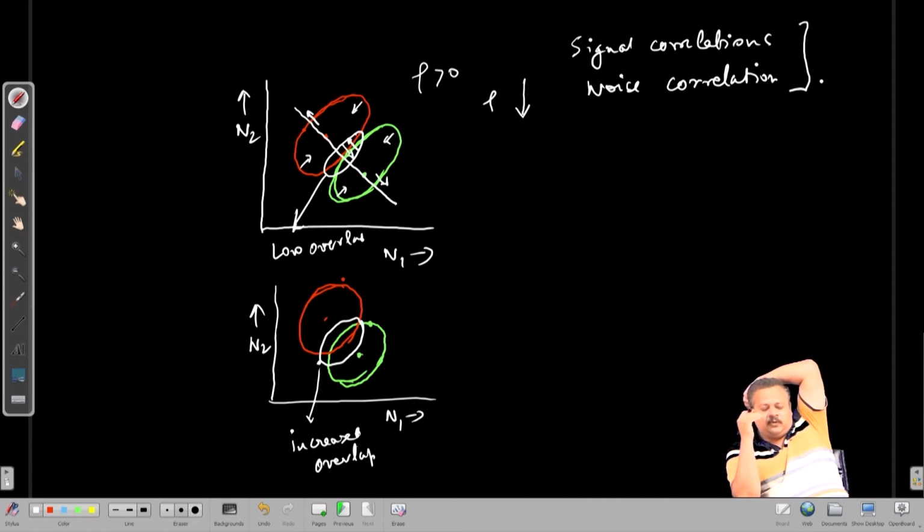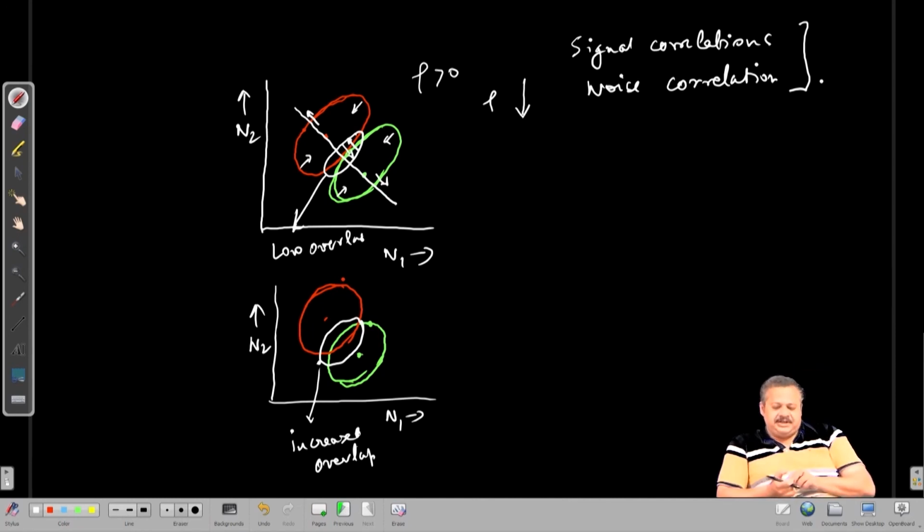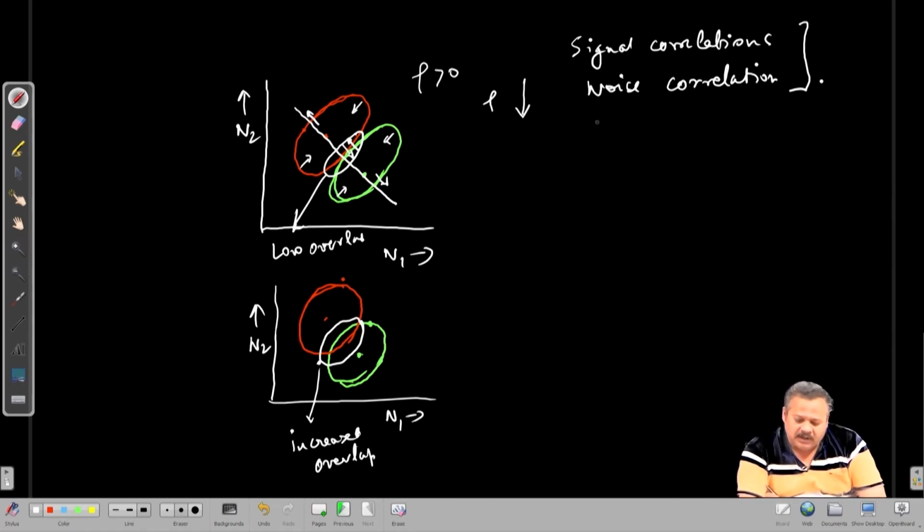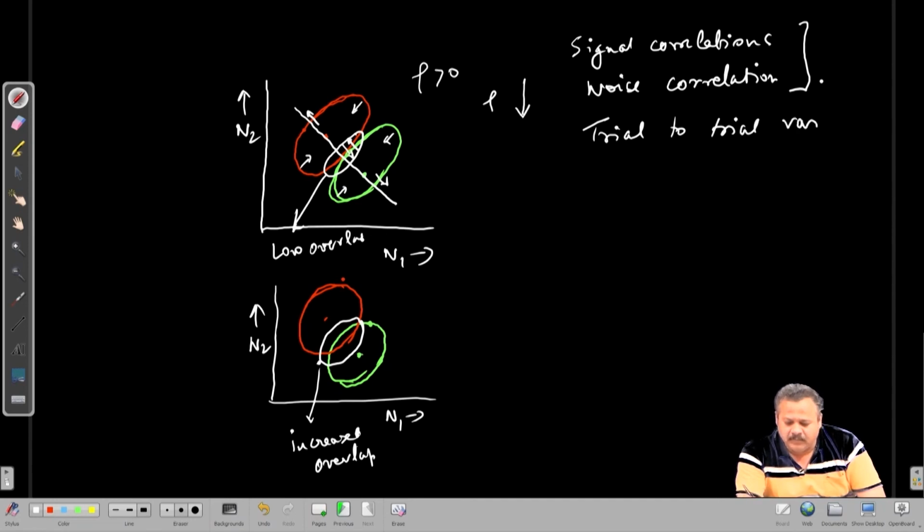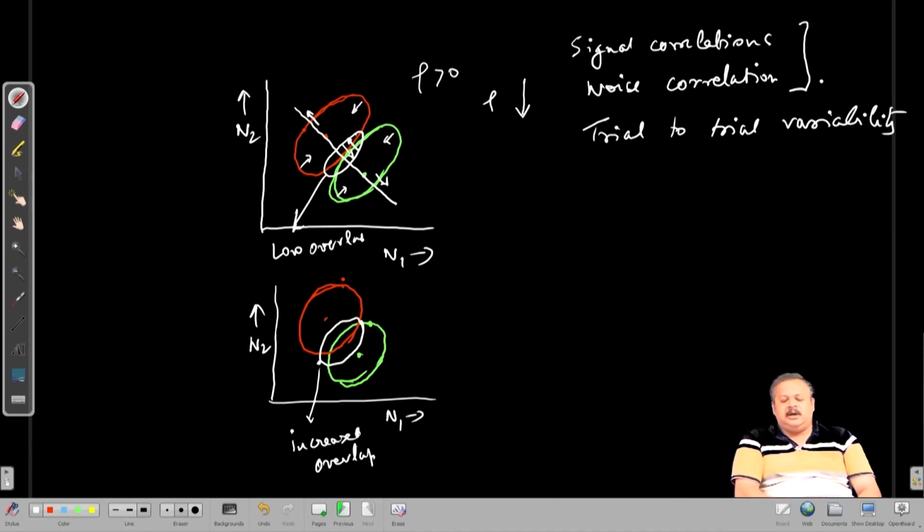So what we learn here is that even with pairs of neurons, the simultaneous changes in responses of the pairs of neurons from trial to trial, the trial to trial variability, can profoundly affect the decodability.